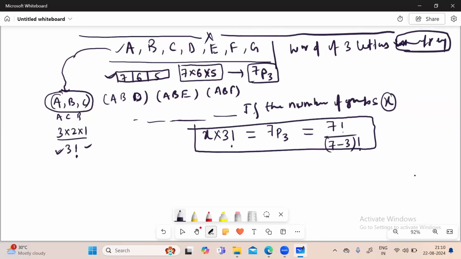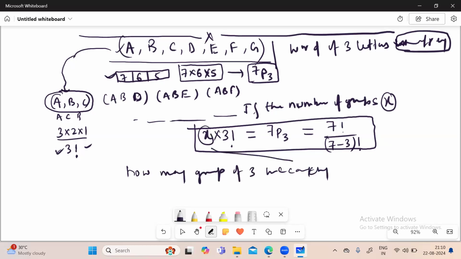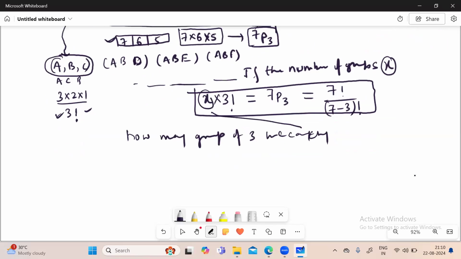Now, if somebody is asking how many groups of three we can create from these 7 letters, तो आप बोलोगे कि सर this x is there, इसकी वैल्यू चाहिए मुझे, because the number of groups we have taken as x.